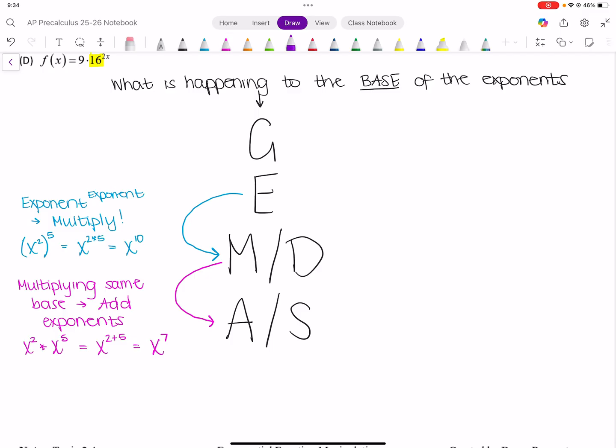Then, if our bases are being divided, then once again we drop down an operation and we will subtract our exponents.